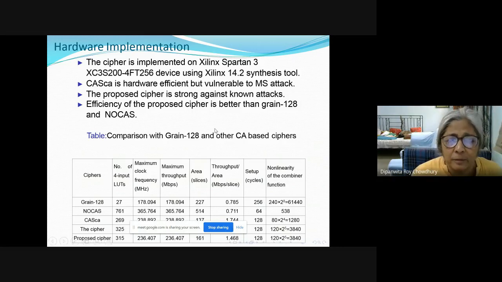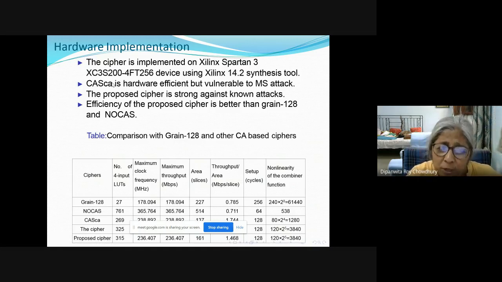So the cipher I have described, in general, is implemented on Xilinx Spartan 3, and this one, Casca, is hardware efficient. As I mentioned, there is Casca and Fresca, because Fresca is the fault resilient cipher.